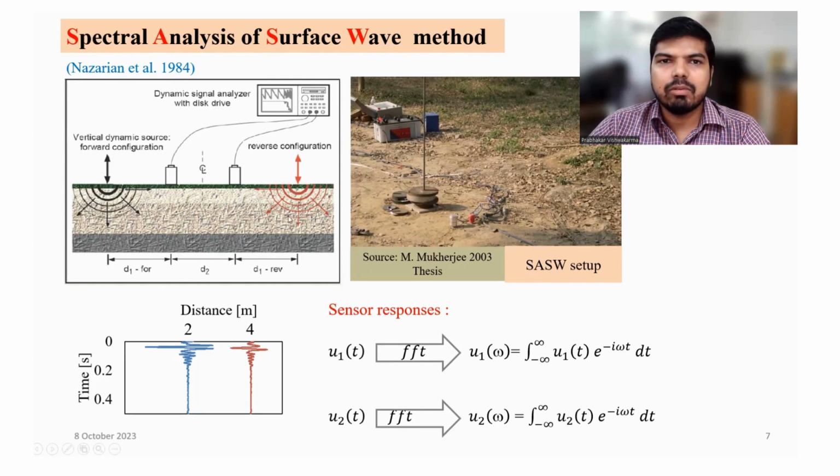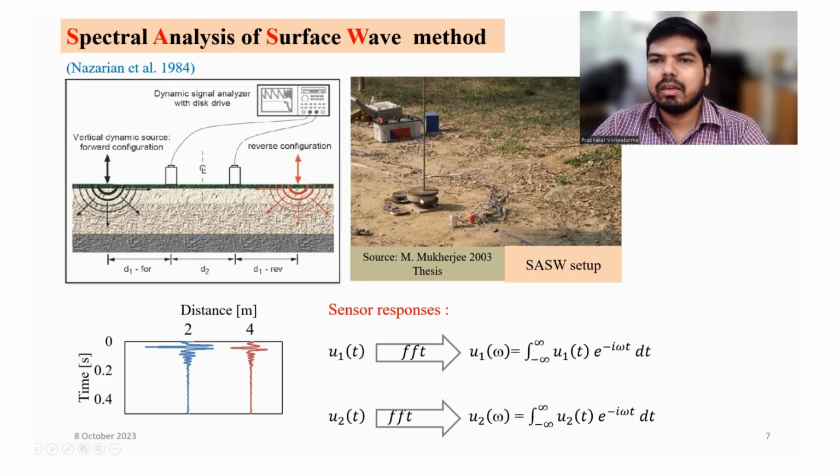In the SASW technique, the configuration of two receivers was used and the impulse is placed at some distance from the receivers. At the source point the impulse is applied, and once the wave propagates, the receivers capture the response, which will be in the time domain.